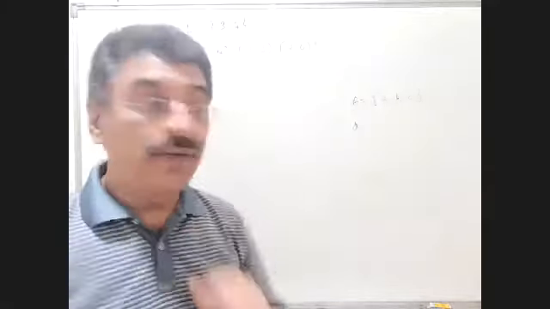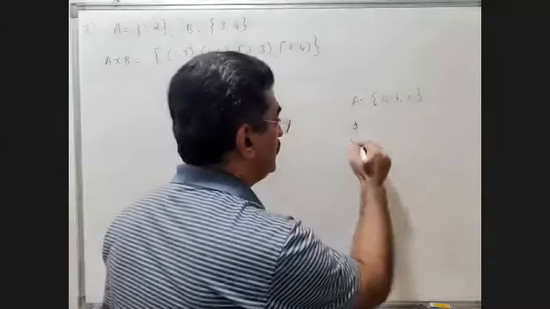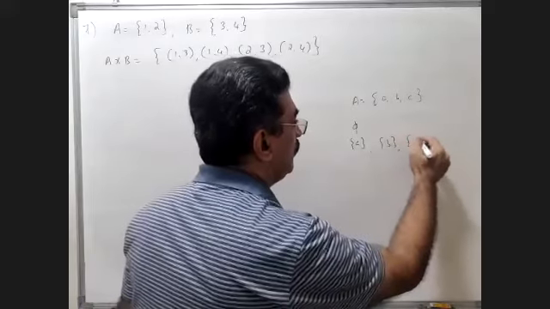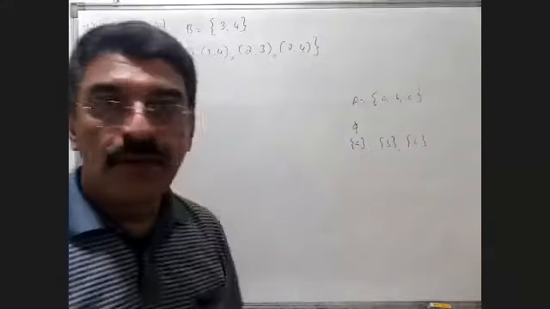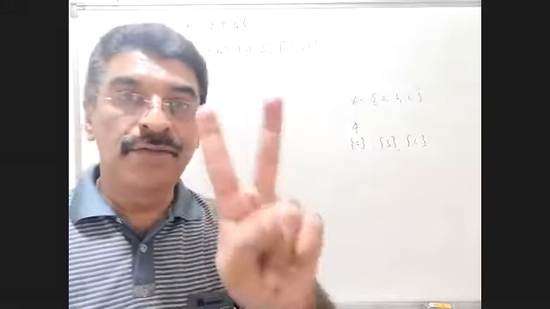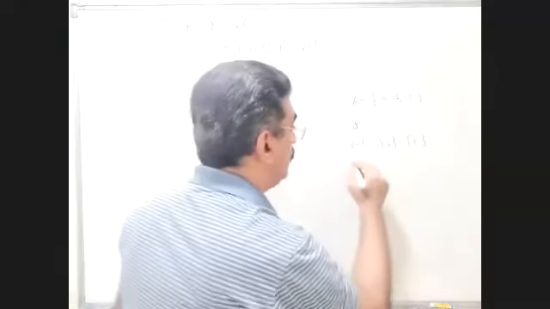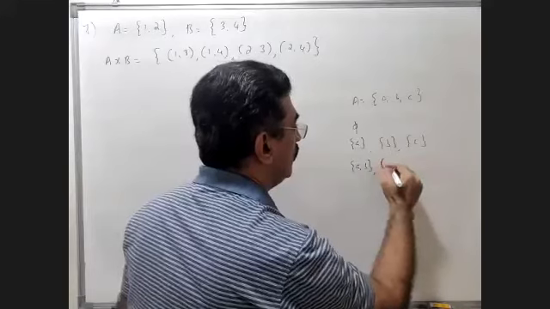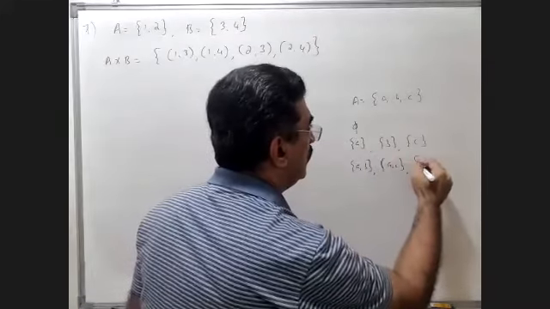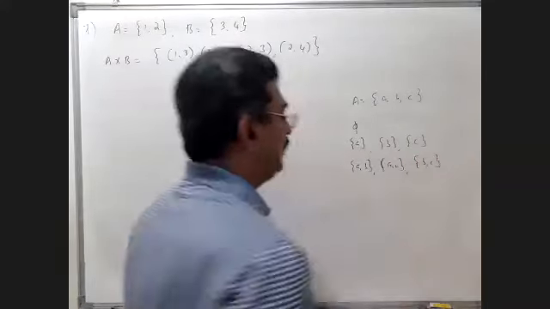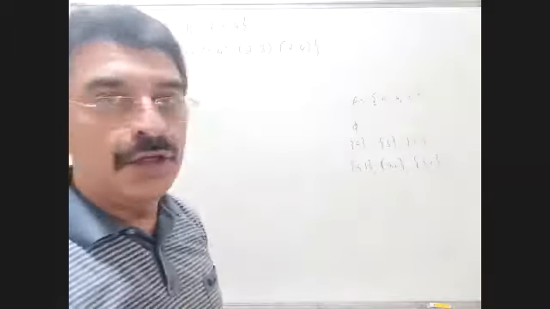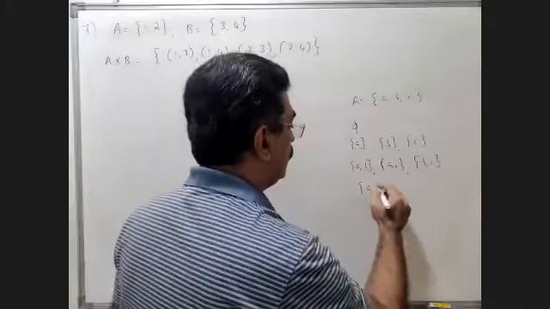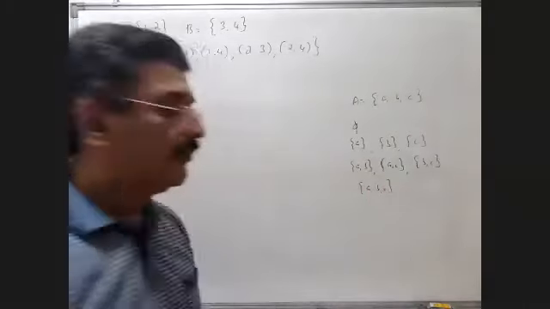Then we write all singleton sets: set A, set B, set C. Then we wrote sets with 2 elements: set AB, set AC, set BC. These are 3 sets with 2 elements. Then the full set ABC. This is what we wrote.